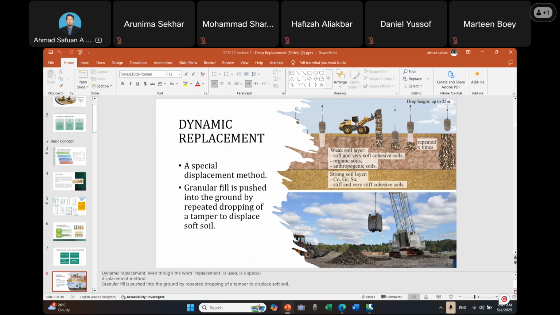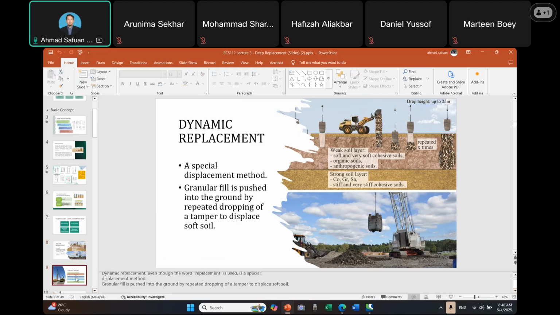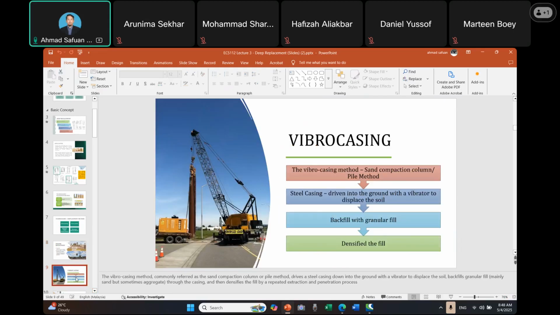So granular fill is pushed into the ground by repeated dropping of a tamper to displace soft soil. Okay. So the vibro casing method, or sand compaction columns: a steel casing is driven into the ground with a vibrator to displace the soil, then backfilled with granular fill, then the fill is densified.